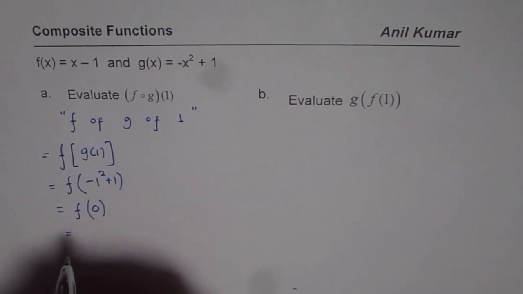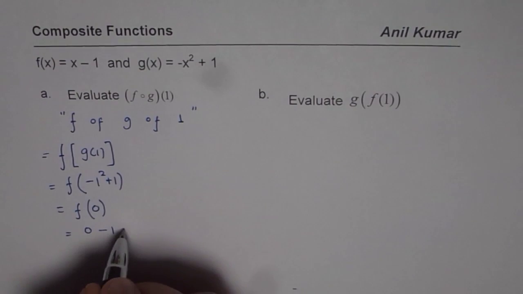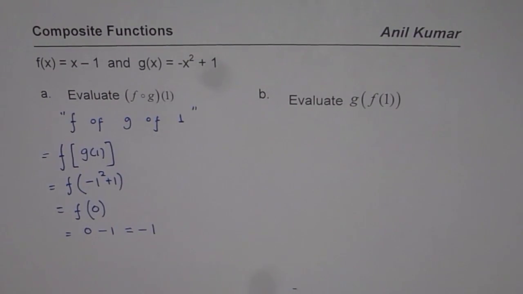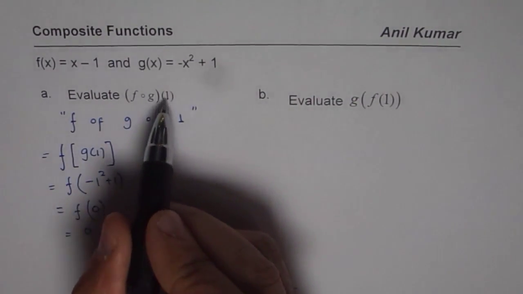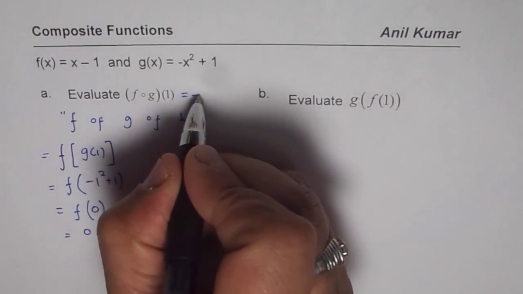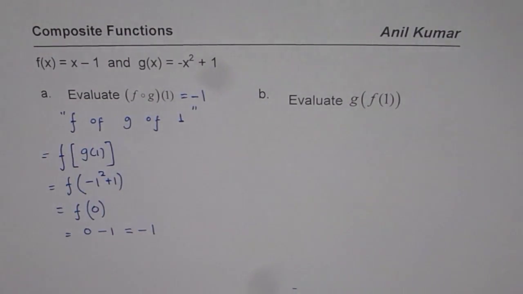So what do we get? We get 0 minus 1 equals minus 1. Do you get it? So f of g of 1 is equal to minus 1. That is how you're going to solve it.